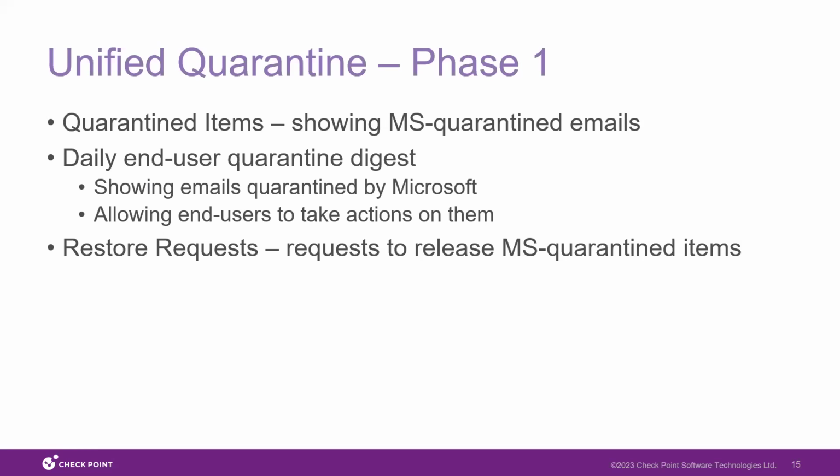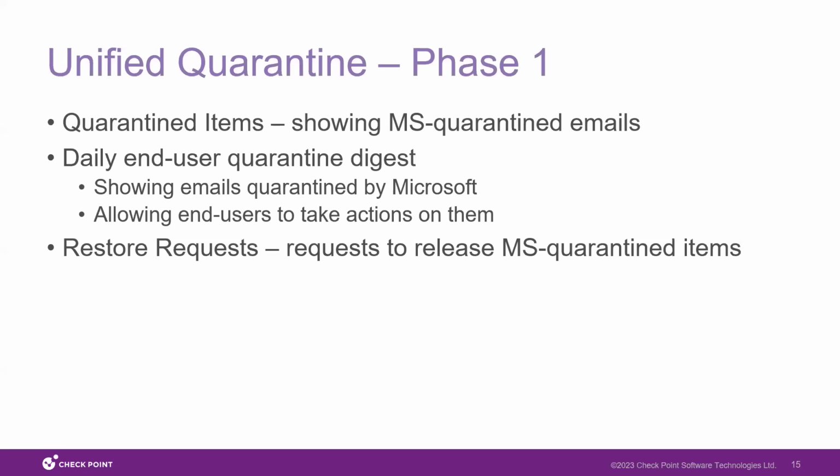For example, maybe you want to allow the user to release a message from their quarantine if it was flagged as spam, maybe a marketing email they were expecting, some kind of newsletter.